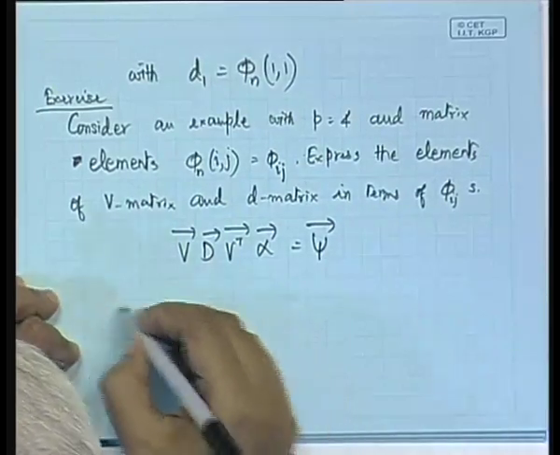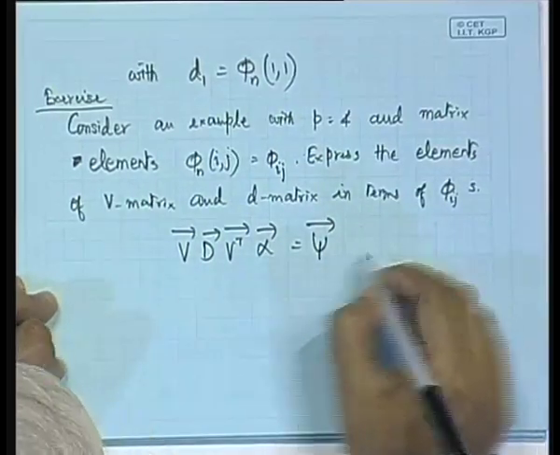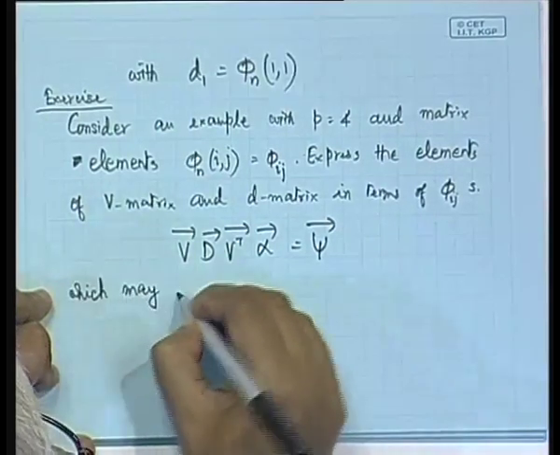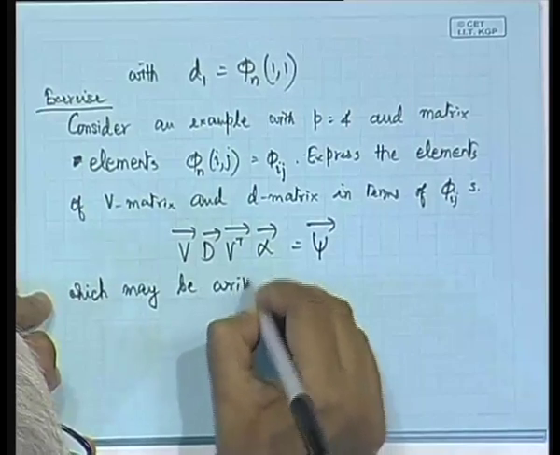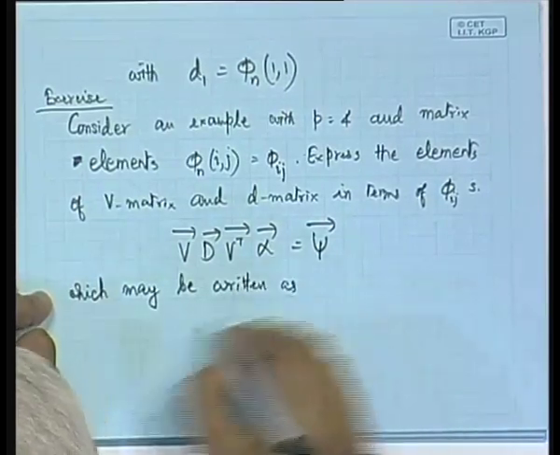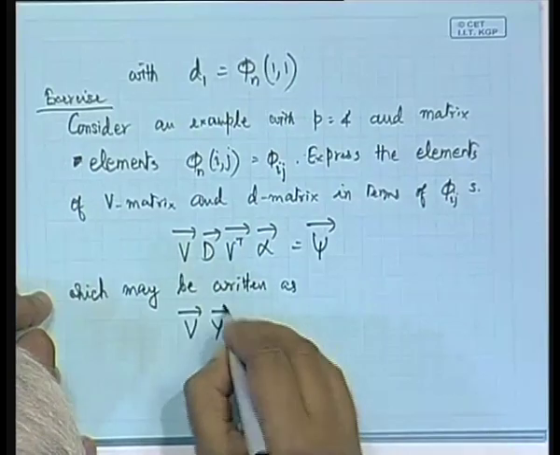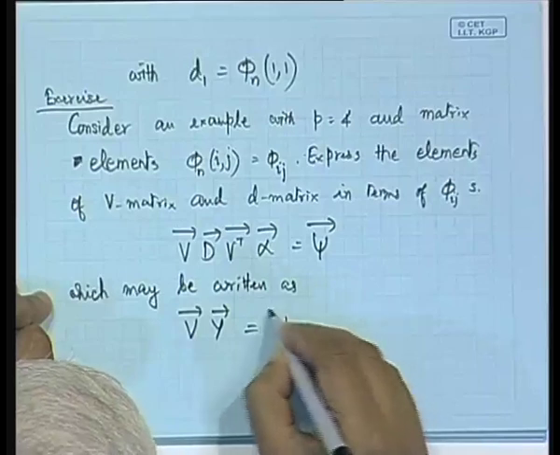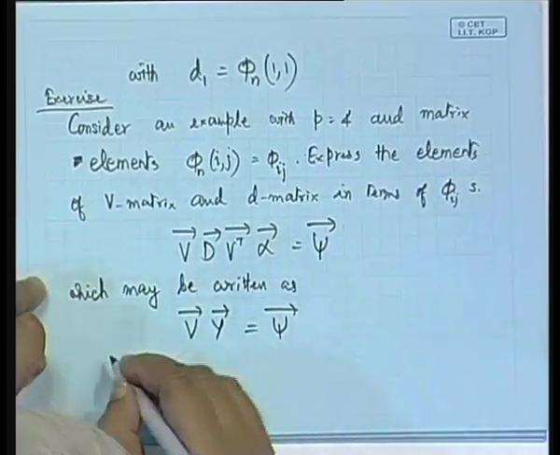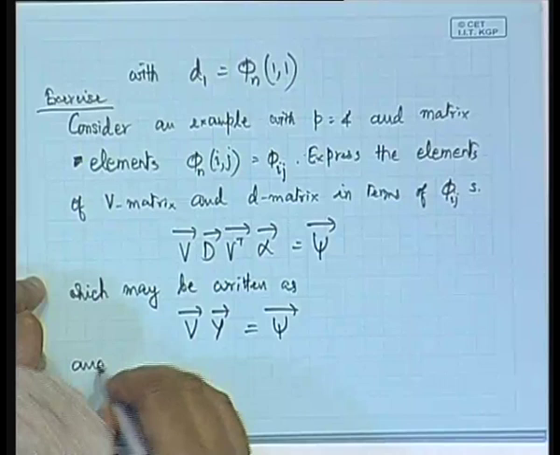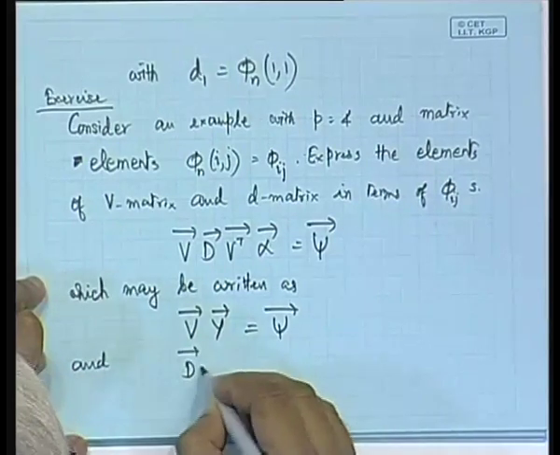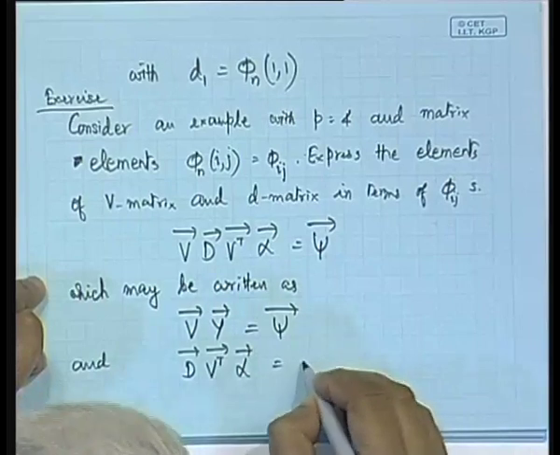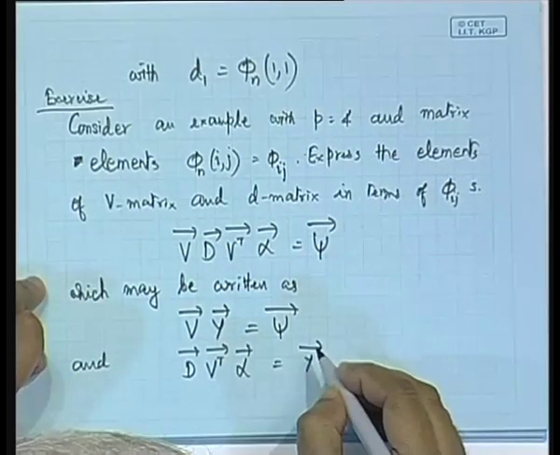So we can write this expression as V times Y matrix, and that is equal to psi. In this case, we are writing this D V transpose alpha as the Y matrix.